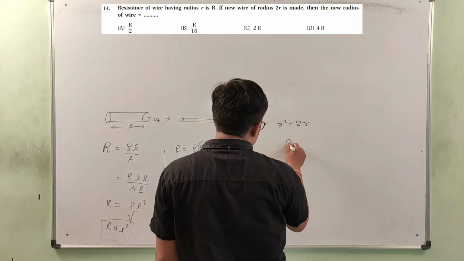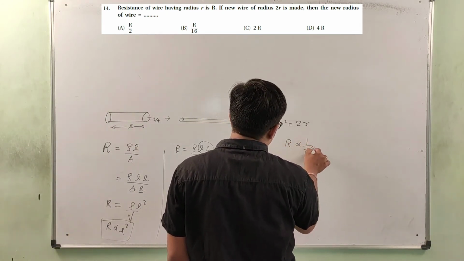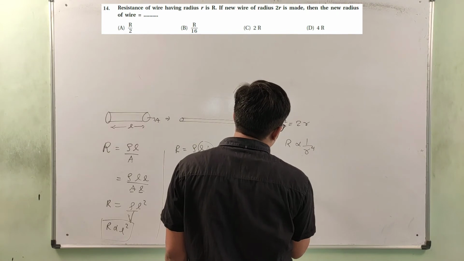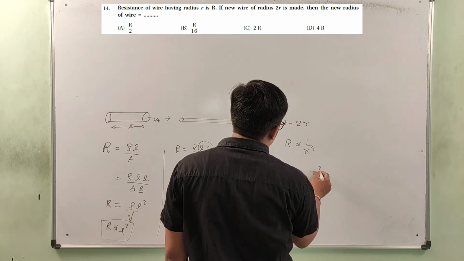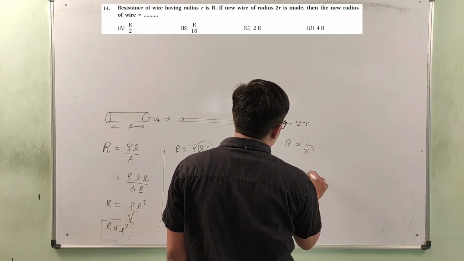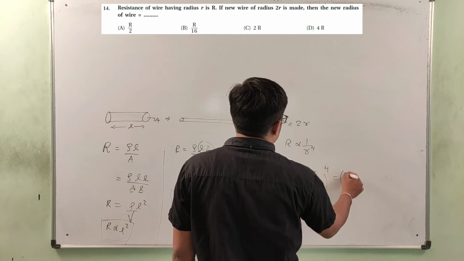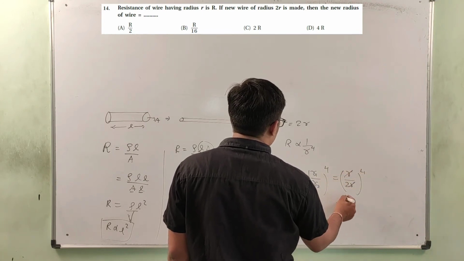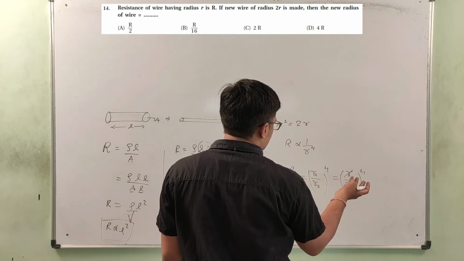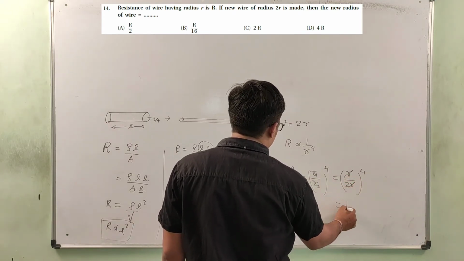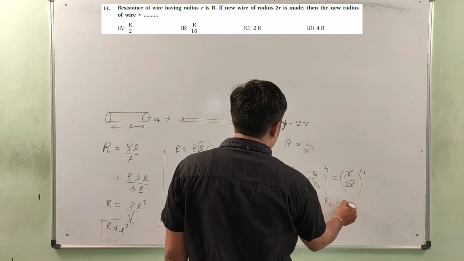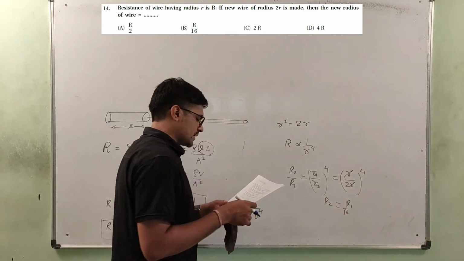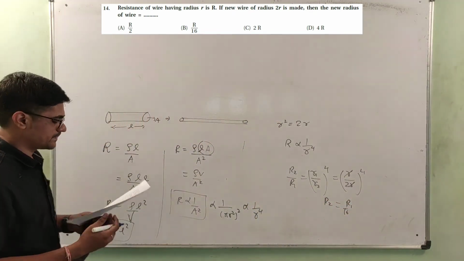So resistance is inversely proportional to R power 4. So R2 by R1 is equal to (R1 by R2) power 4. R1 is R and R2 is 2R, power 4. So R cancels, 2 power 4, 2 to the 4 is 16, so 1 by 16. So the resistance R2 becomes R by 16.